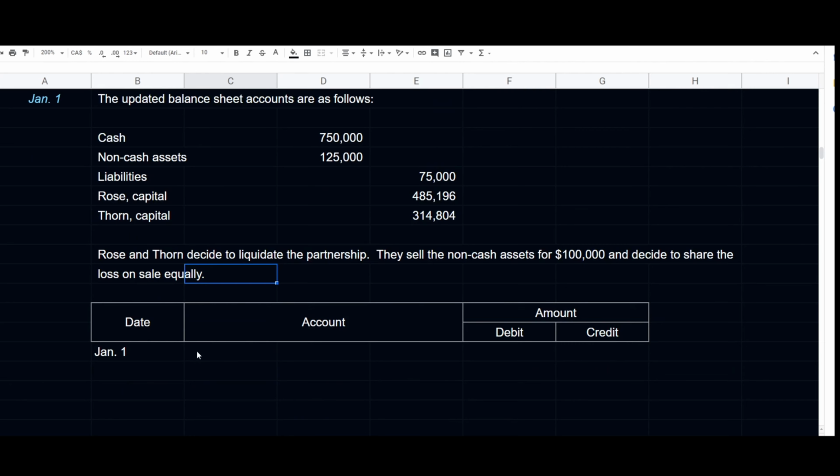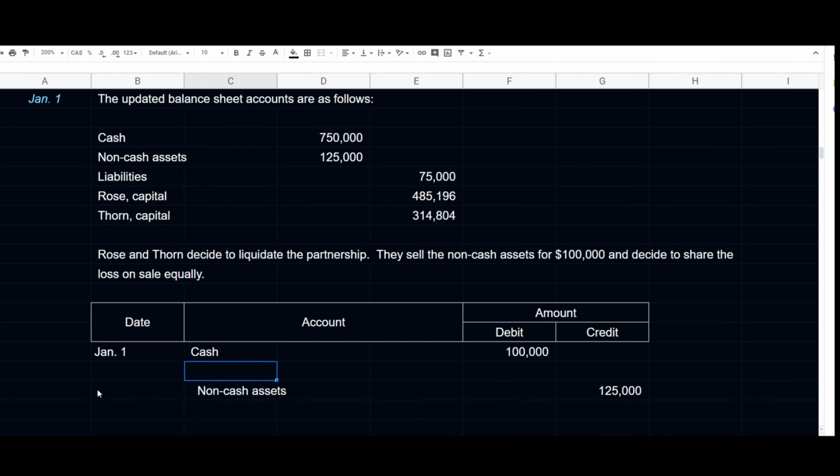Let's record these transactions to liquidate the partnership. First, we can sell the non-cash assets. So we debit cash for the amount received, which is $100,000. Then we can look to record or derecognize the non-cash assets of $125,000.